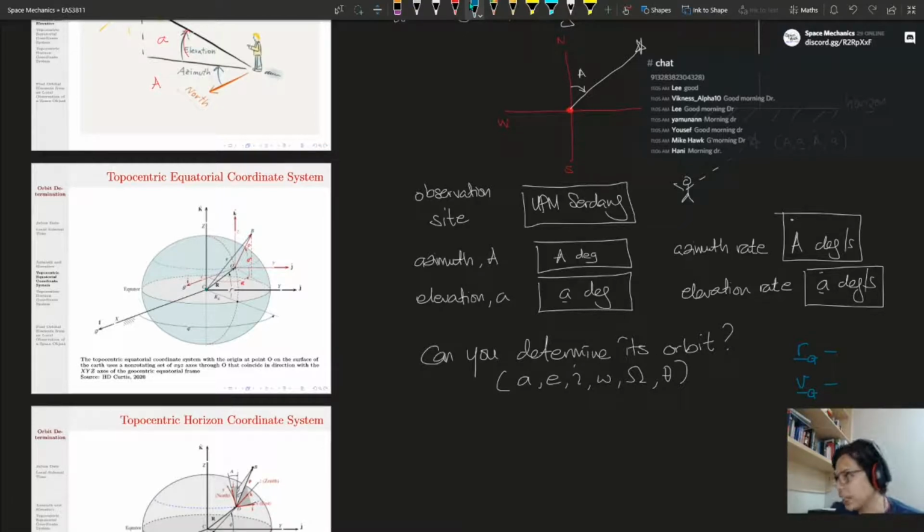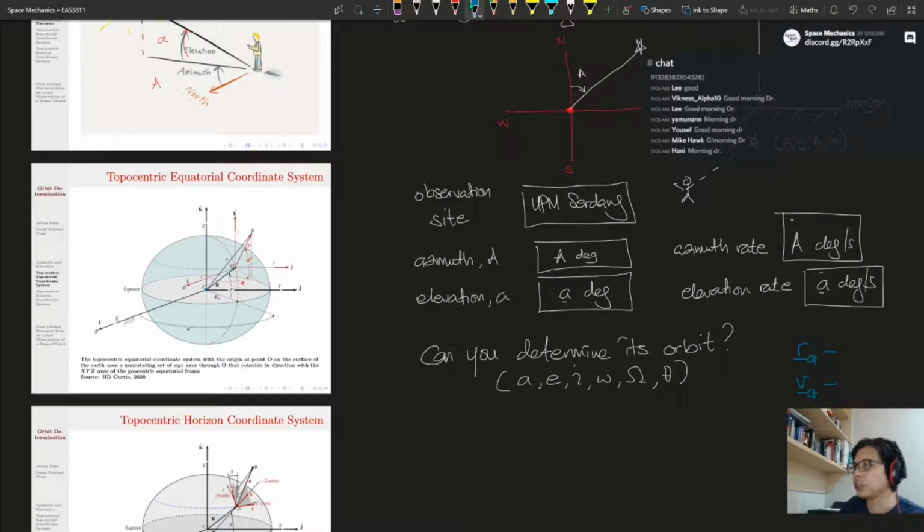Well, that is very ideal, because perhaps by using some kind of observation, you can figure out the radius and the velocity in the geocentric coordinate system, but that's usually not always the case.